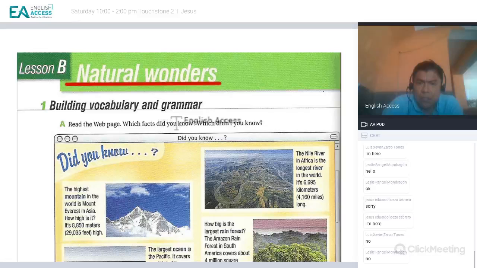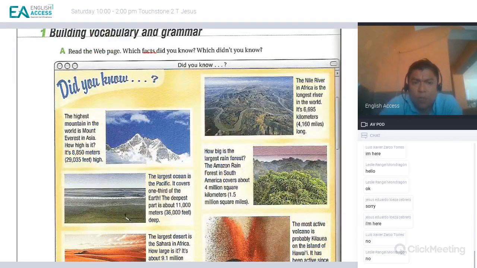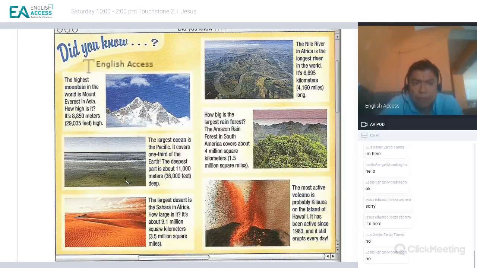Which facts did you know? Let's read the facts. What is fact? It's true information, a true piece of information. So which did you know and which one you didn't know? The highest mountain in the world is Mount Everest in Asia.